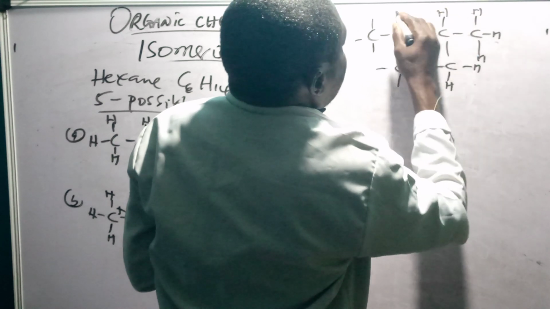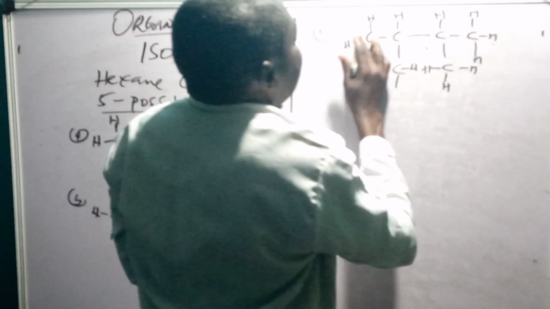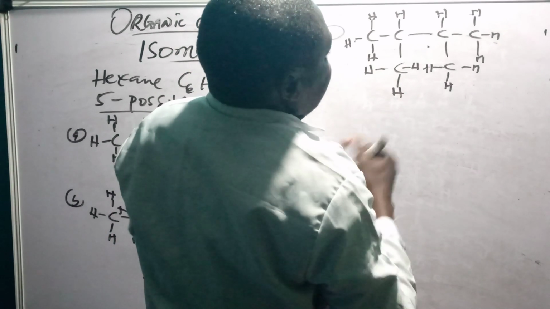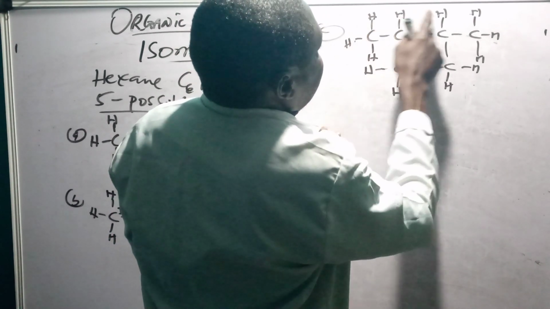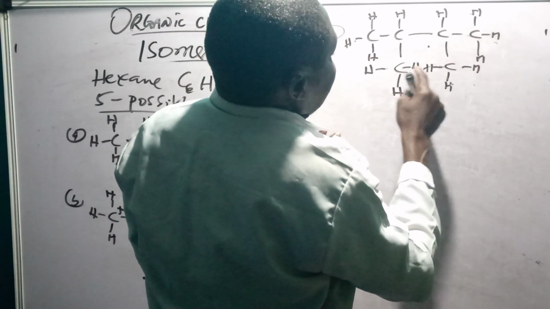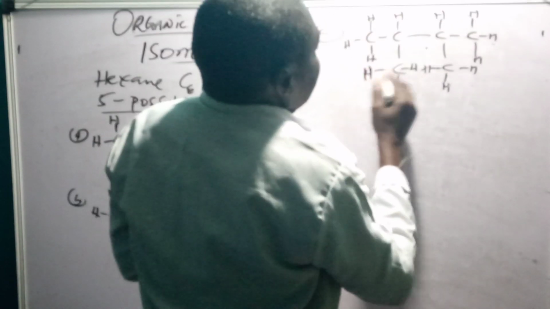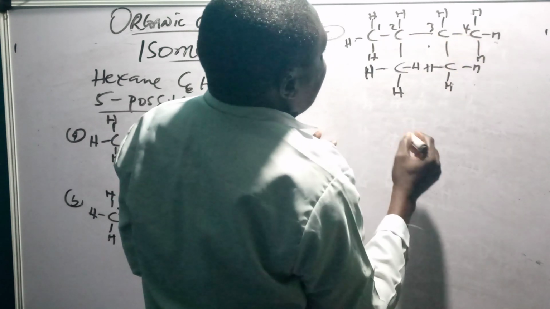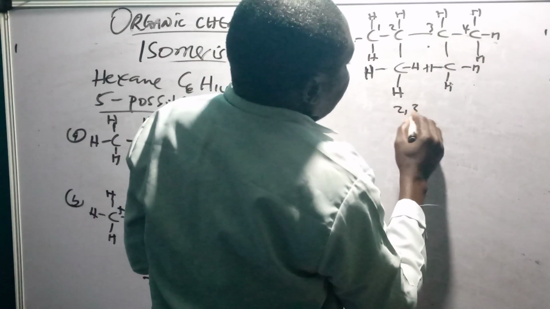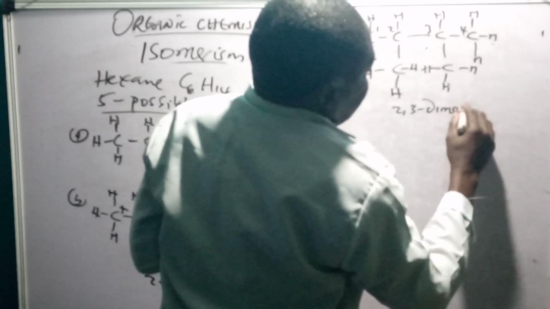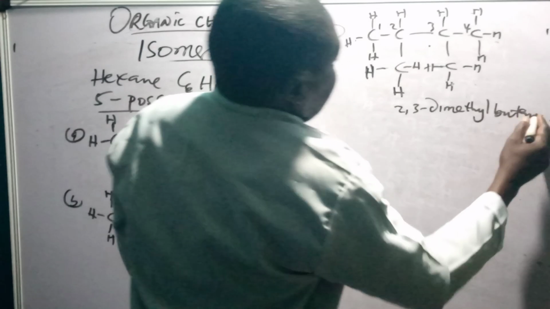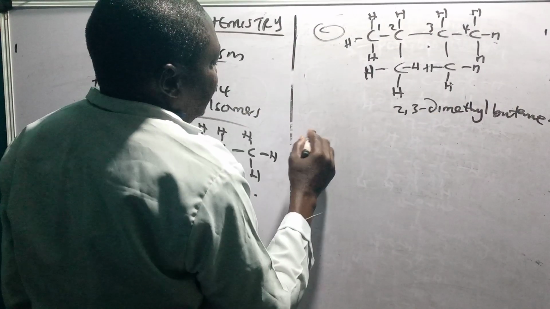At the end of the day, count it and ensure the number of hydrogen atoms is 14. Let's count. 1, 2, 3, 4, 5, 6, 7, 8, 9, 10, 11, 12, 13, 14. So you see, you can start from any side. 1, 2, 3, 4, I mean the counting. You have 2,3-dimethyl butane. That's the third one.